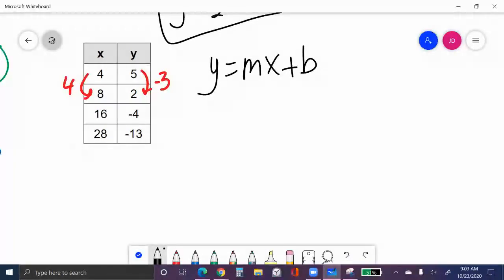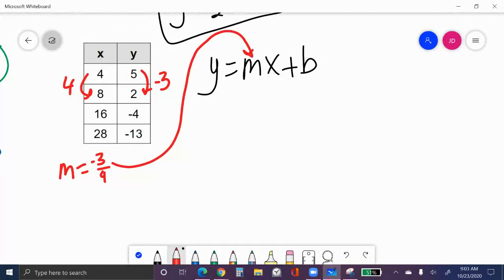I figured out my slope. My slope is -3 over 4, which is going to go in for m. I'm going to pick my point and plug it in. 4 goes in for x, 5 goes in for y.